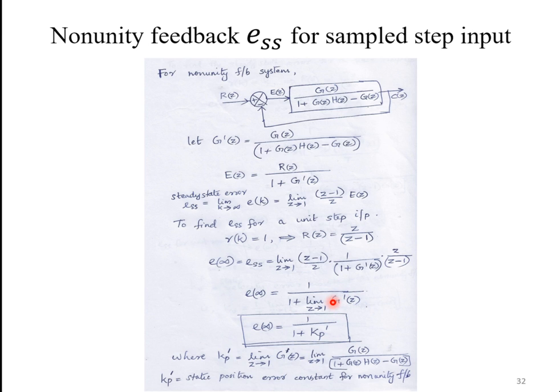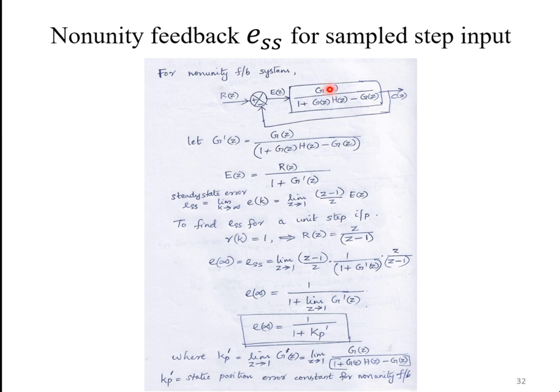In the previous unity feedback you got G(z), but now G'(z) is G(z) by 1 plus G(z)H(z) minus G(z). This limit is replaced with the static position error constant for a non-unity feedback system. I have put Kp dash just to note the difference between Kp and Kp dash, because Kp dash is the limit as z tends to 1 of G'(z).